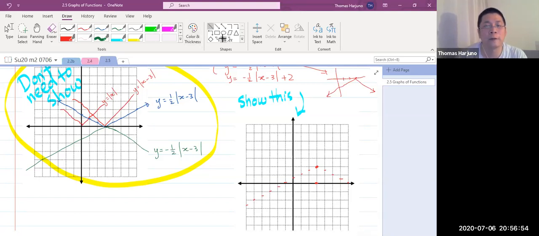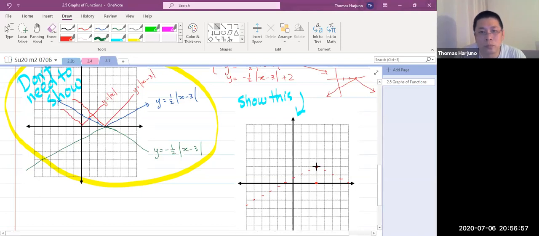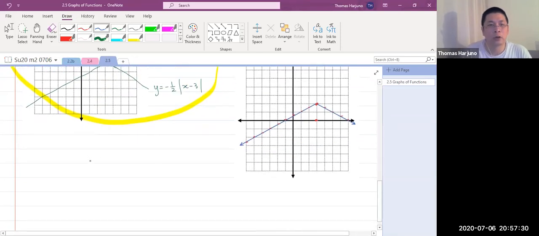Now let me do the graph. That's what the graph looks like. So if we analyze this further, y equals -1/2 absolute x minus 3 plus 2.